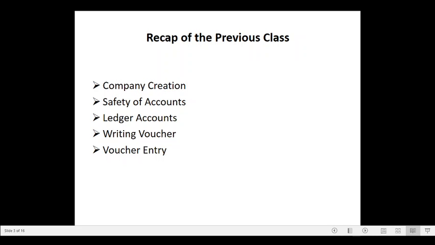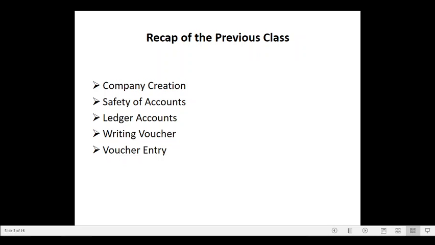We understood the safety of accounts, how to protect the accounts which are stored in Tally. There are two ways, by using Tally Vault password and using security control.